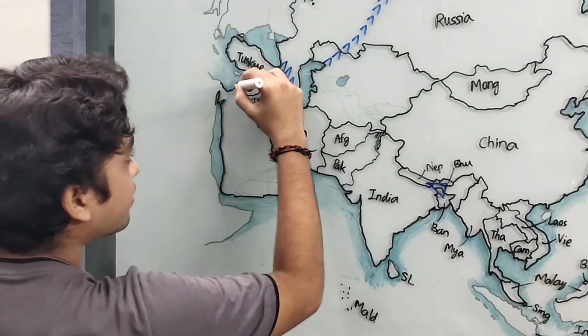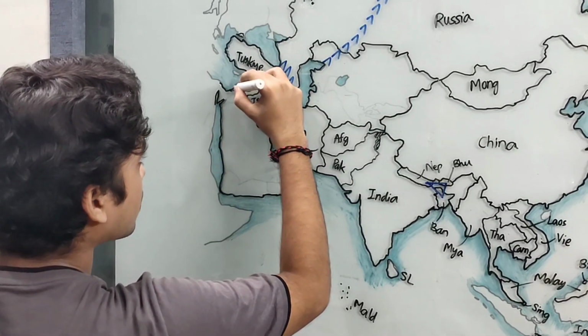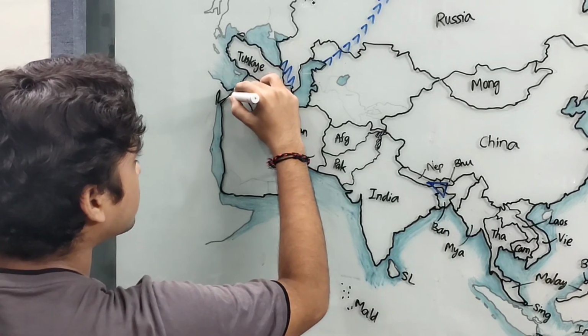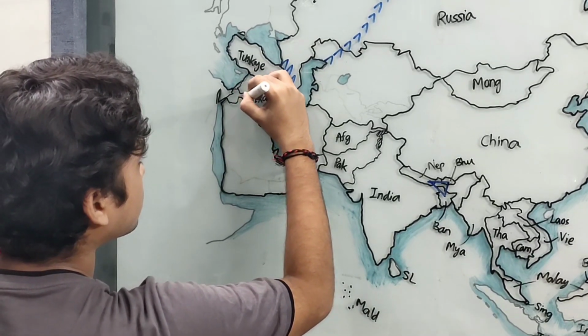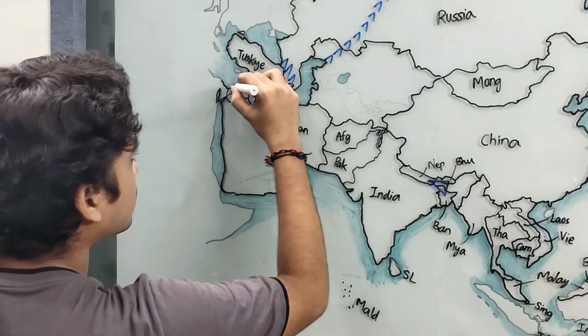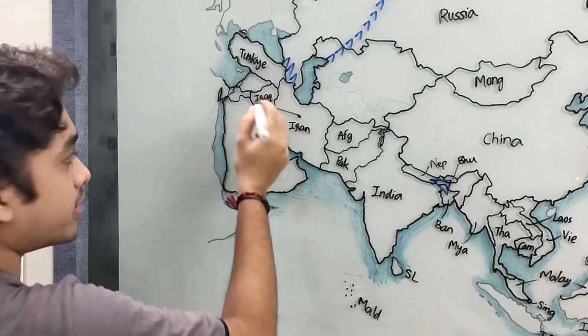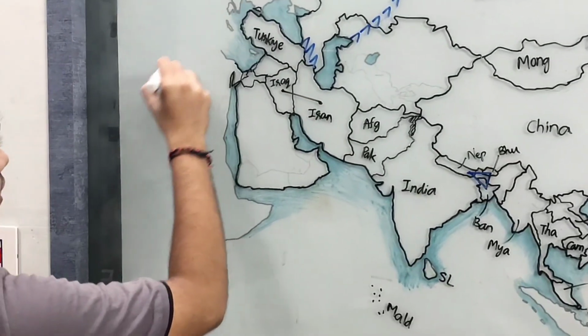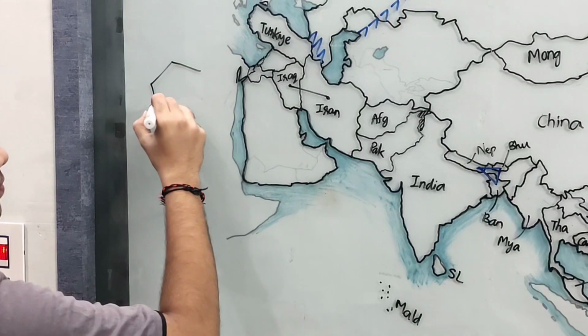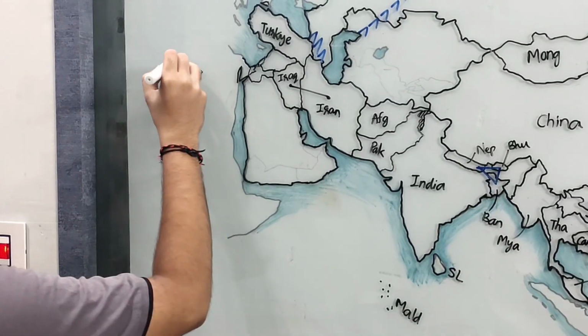Then we have this region. Here we find 5 countries. To remember these countries easily, we draw a quadrilateral like this.